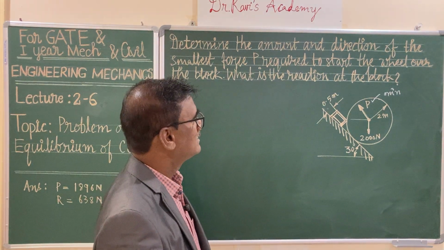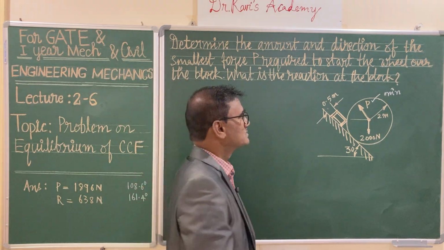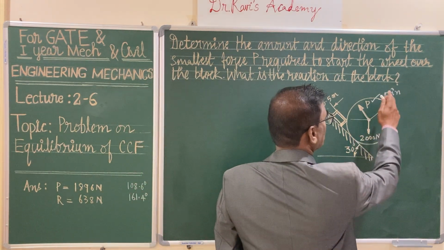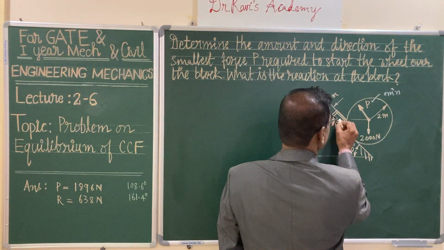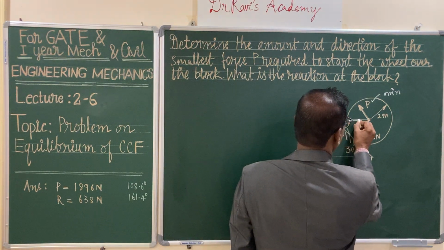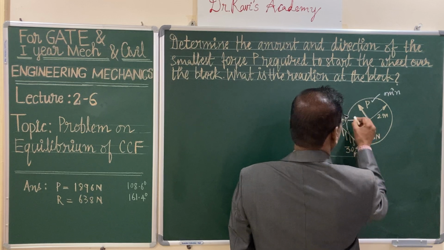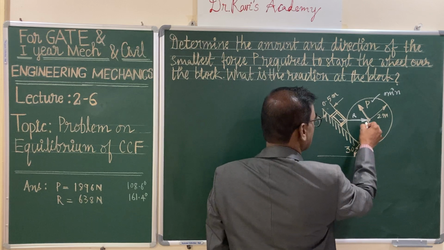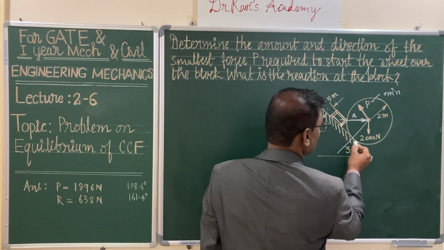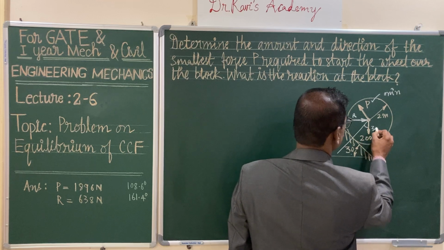So now let us understand very clearly in this particular problem. In order to become P minimum, the reaction is acting through the point of contact, this is your reaction R, right? And I am erecting a perpendicular to the inclined plane. So this angle is given, that is 30 degrees.